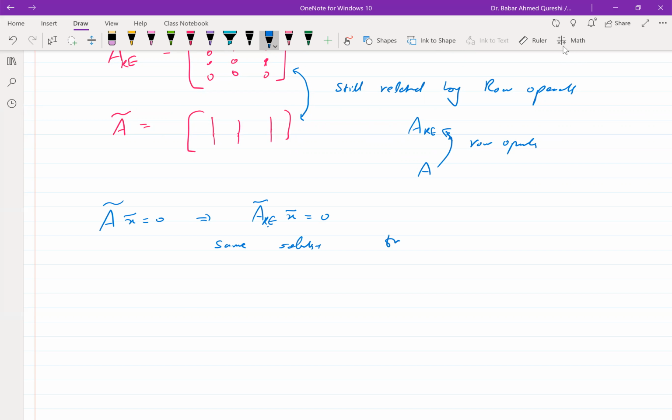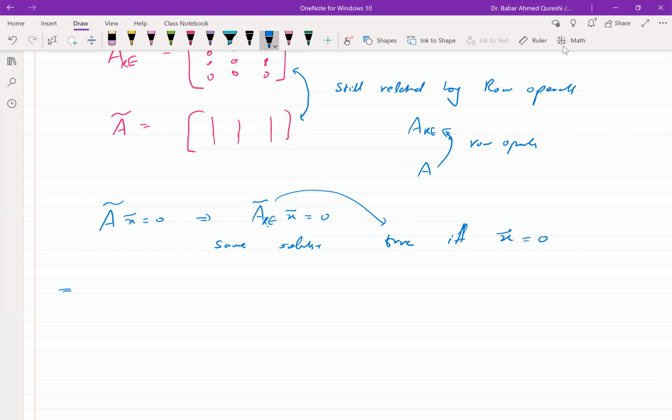This thing is true if and only if, because all the columns are linearly independent, you have a unique solution. Or just because they are linearly independent, I know that this equation is satisfied only when the coefficients are 0.